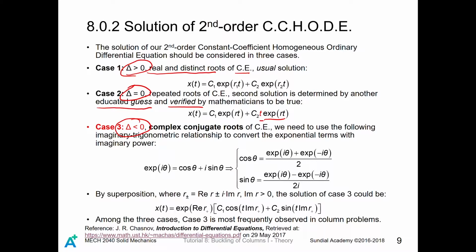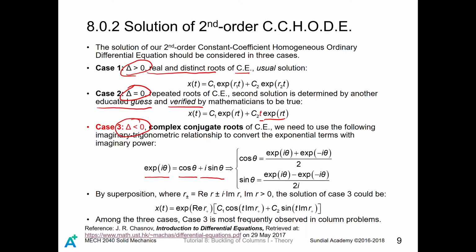For the complex conjugate roots of the characteristic equation, we use the following relationship between imaginary exponentials and trigonometric functions to convert our exponential terms with imaginary power to cosine and sine. We use the relationship that e to the power i theta equals cosine theta plus i sine theta.